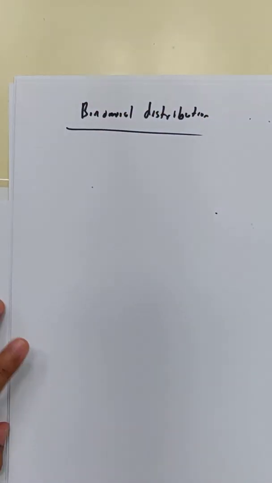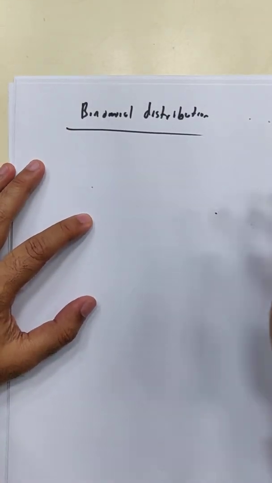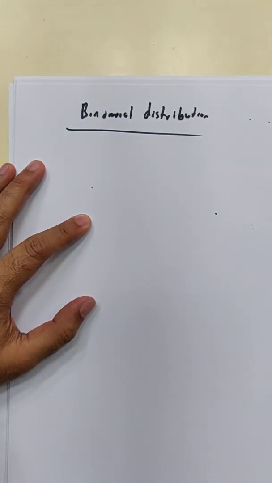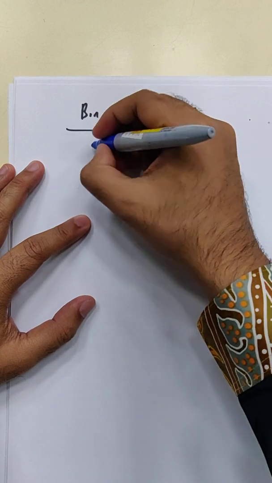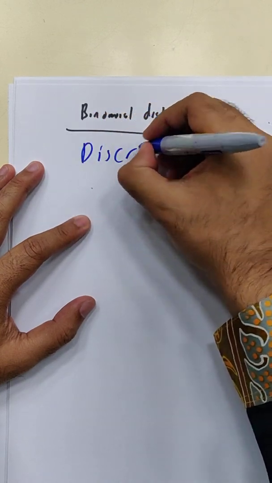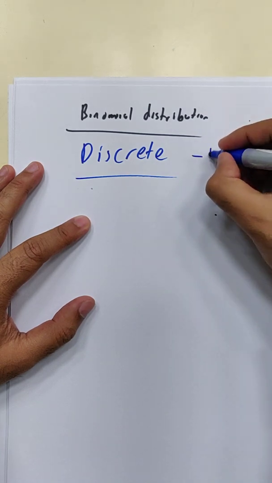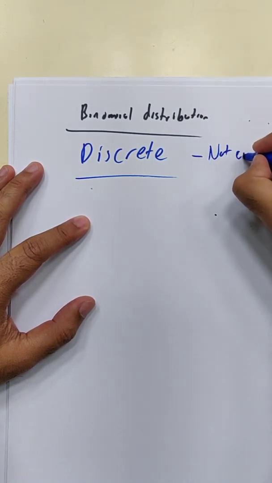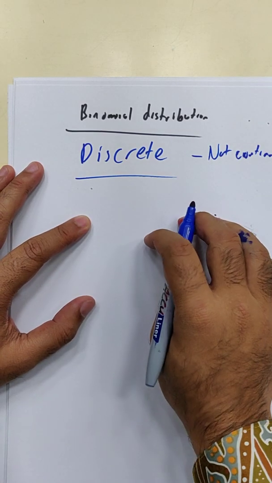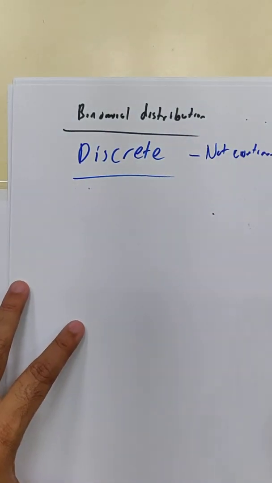Okay, binomial distribution, one of the main characteristics it has is that it is discrete. It's not continuous. There are two main parts that you need to understand.